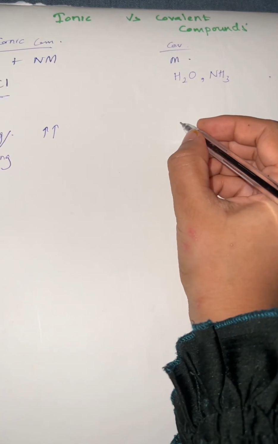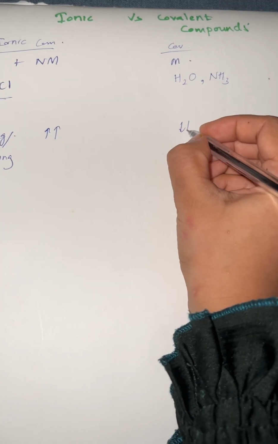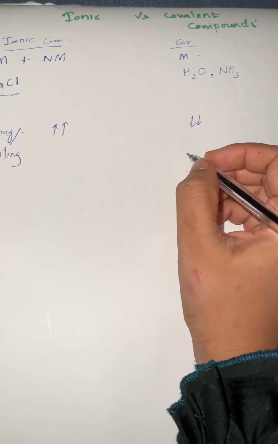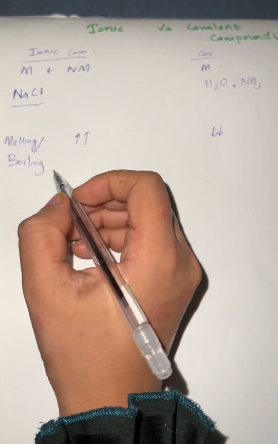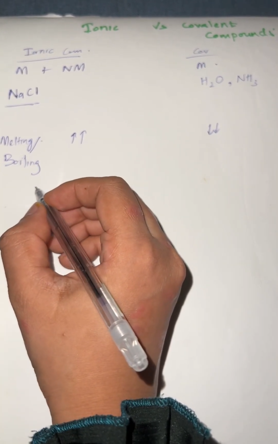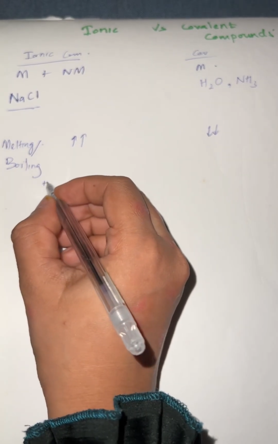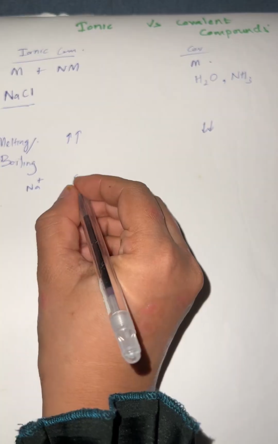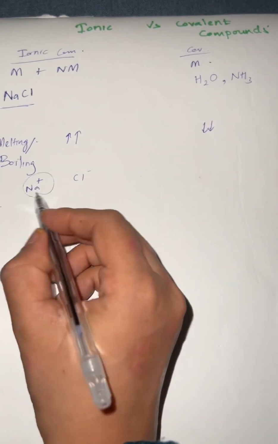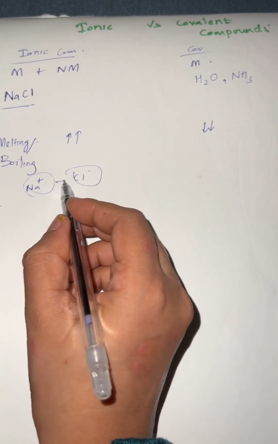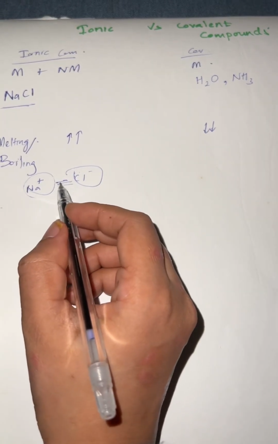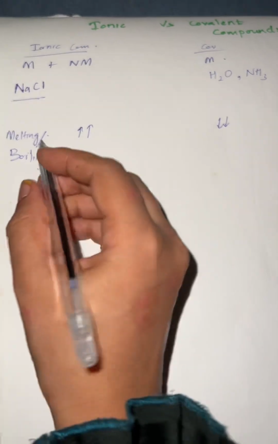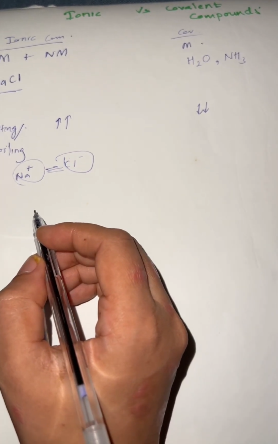In covalent compounds, they are low, because in the ionic compounds the ions are formed, positive and negative ions. If we take sodium chloride, there is Na+ and Cl-. So between these ions there is a great strong attractive force, so we need to give more energy to break the bonds. The melting and boiling points are very high.